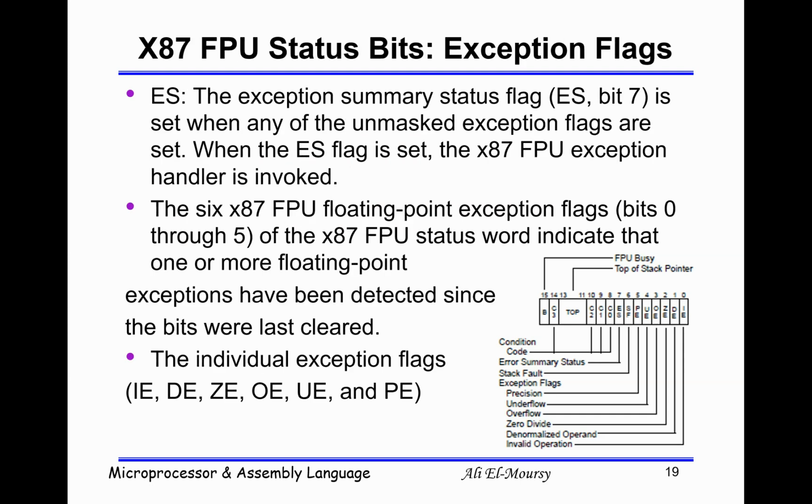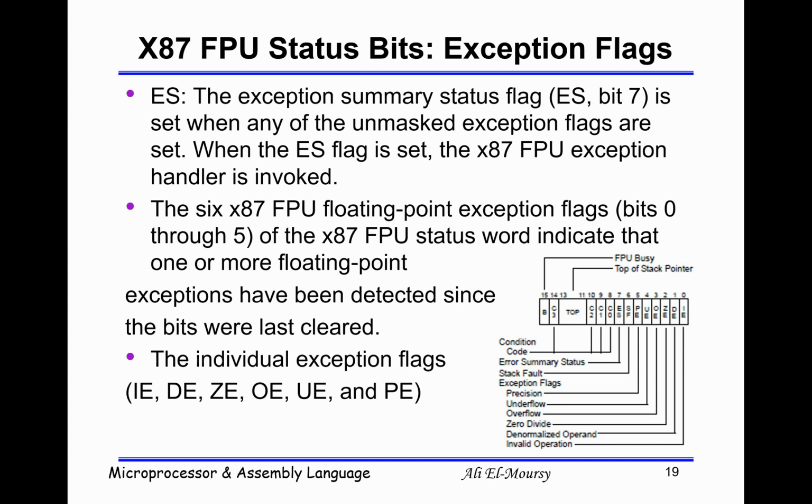Next is the exception summary. If there is any exception, meaning an error happening in the calculations, this flag will give you the summary that one of the errors is happening. The summary bit will be set when any of the unmasked exception flags are set.